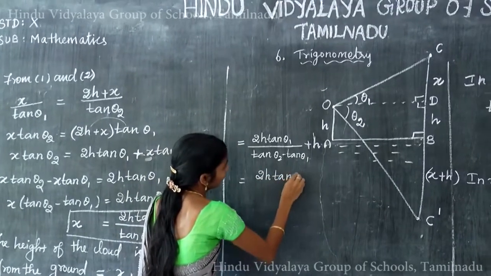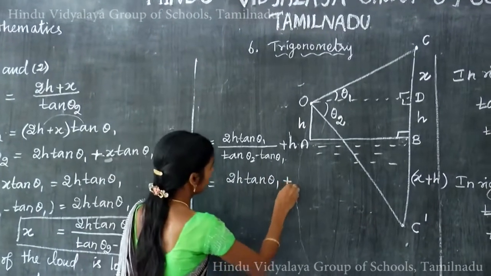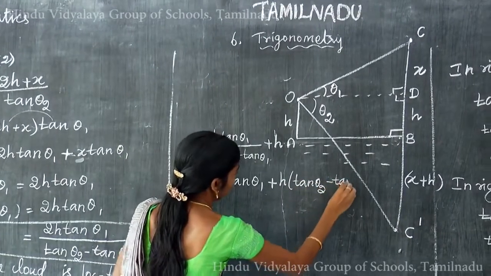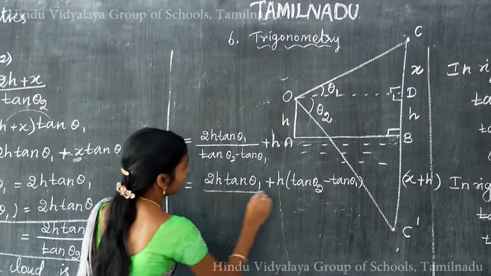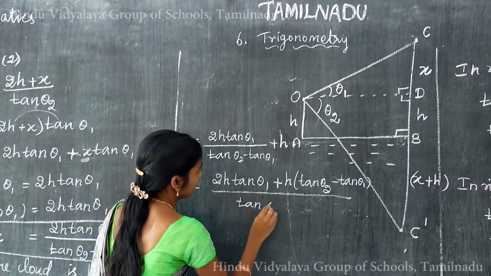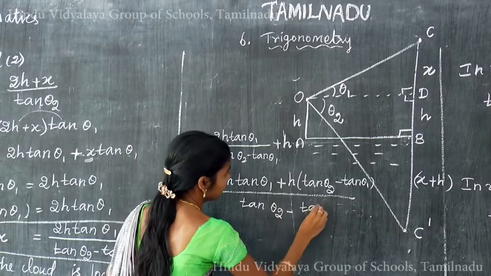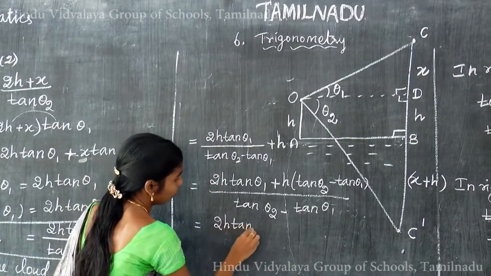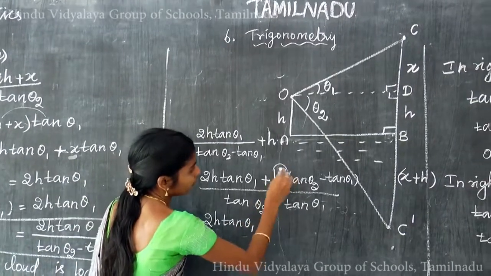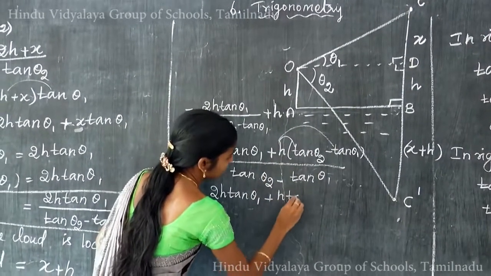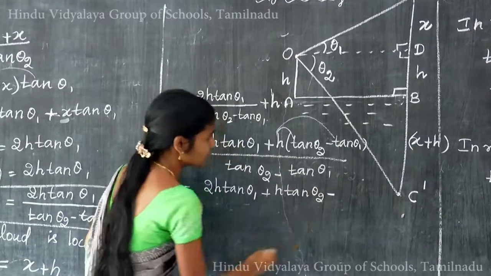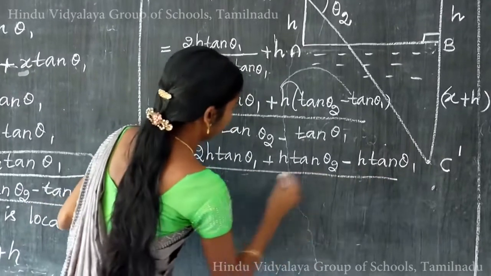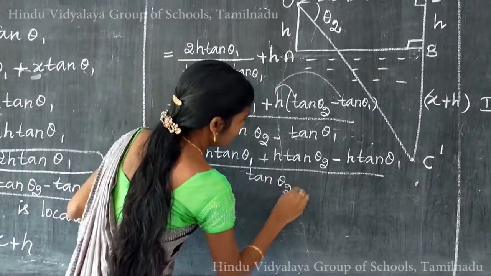Simplify, we get 2h tan theta 1 plus h into tan theta 2 minus tan theta 1, divided by tan theta 2 minus tan theta 1. So we get h tan theta 2 minus h tan theta 1 by tan theta 2 minus tan theta 1.